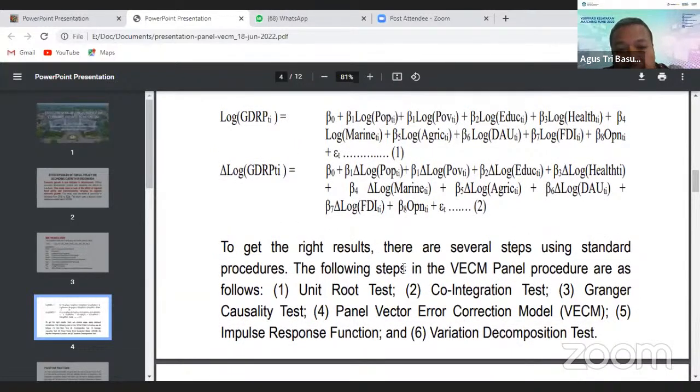In this model, we have 6 steps in the panel VECM procedure, as follows. Number 1, all variables will be tested with the unit root test.